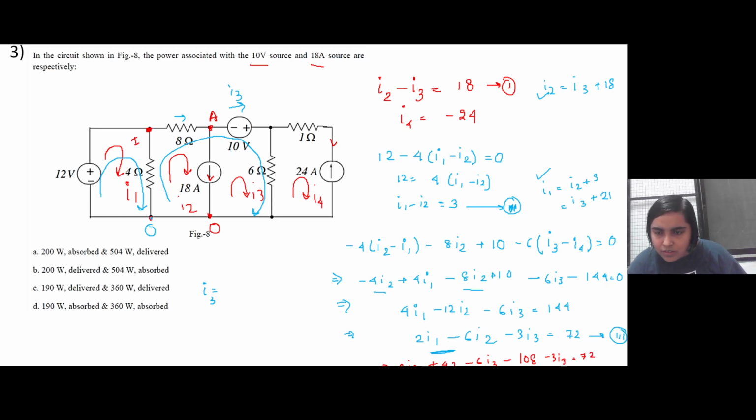So it is 9 minus 7 I3 equal to plus 72 minus 138.